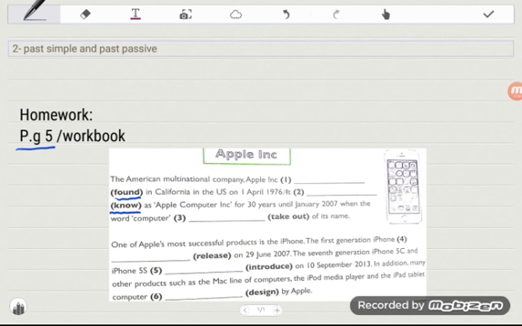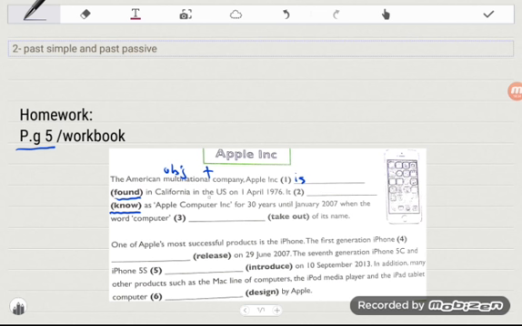If I do the first one as an example with you: the American multinational company Apple found in California. Who found it? It's not mentioned. So we don't have a subject here. The American multinational company is the object, plus the American multinational company is singular, so we use is.